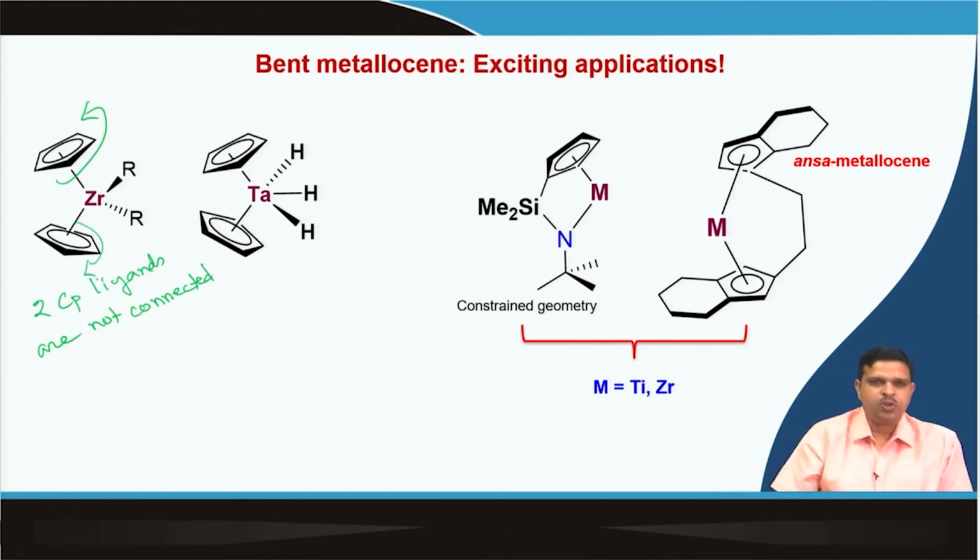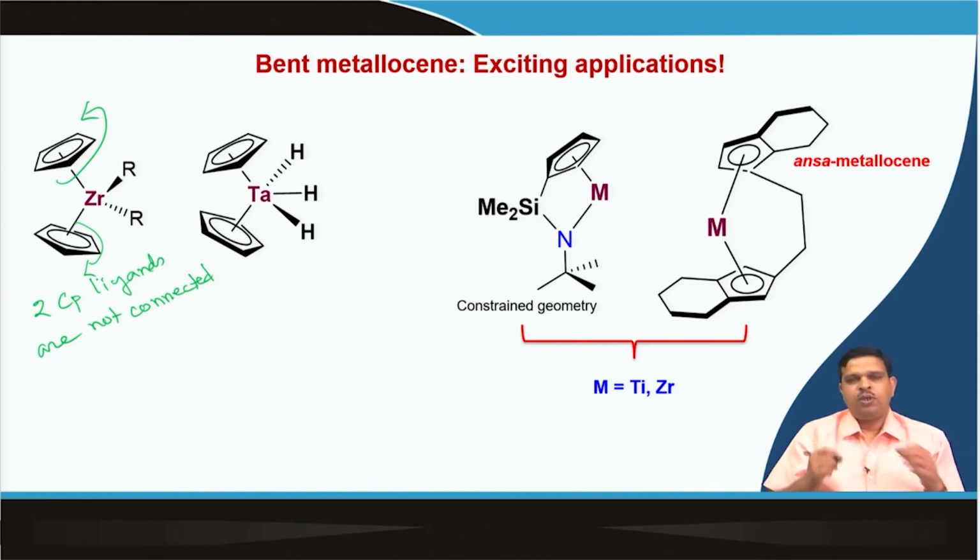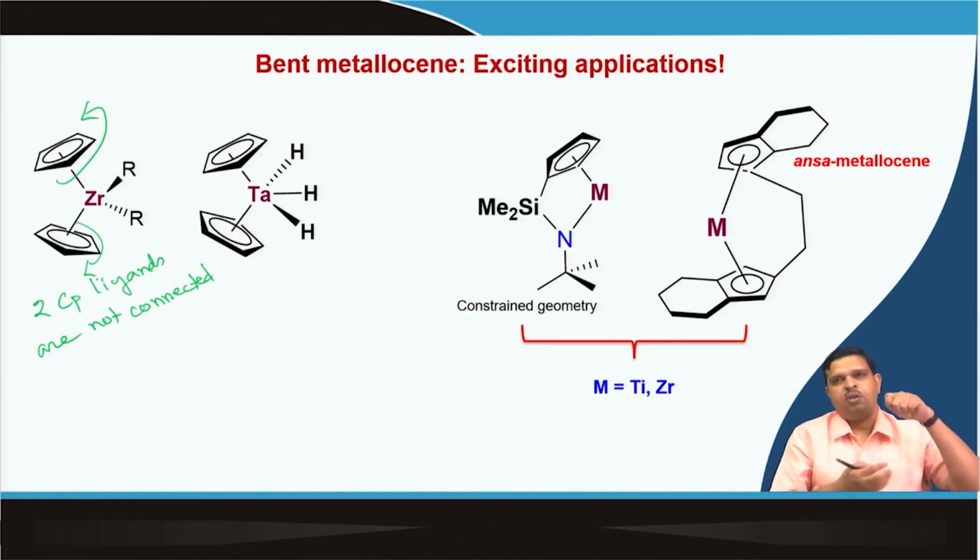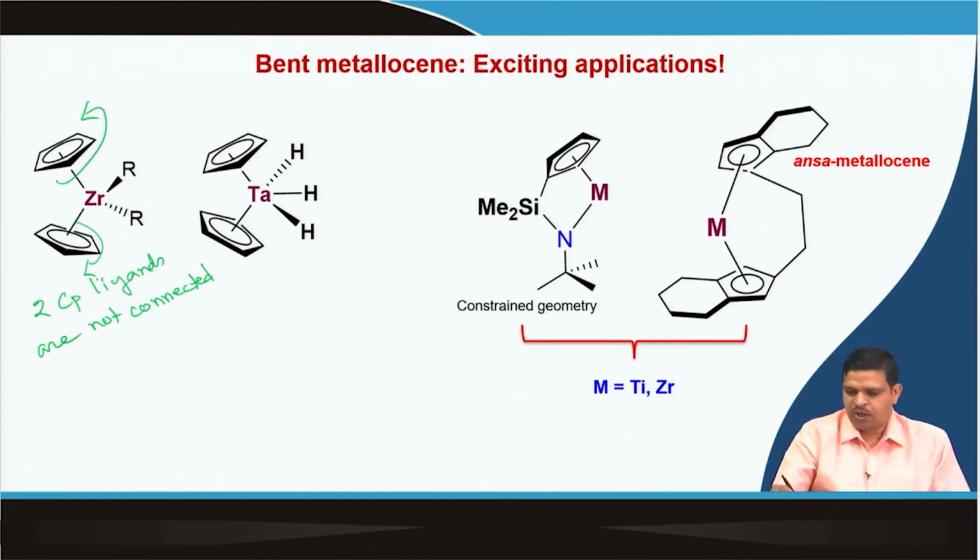Now, how can we restrict this? If we can bind together, thread these two Cp ligands, then the movement or the rotation will be restricted. So, here these two Cp ligands are actually called indenyl ligands, fused Cp ligands.